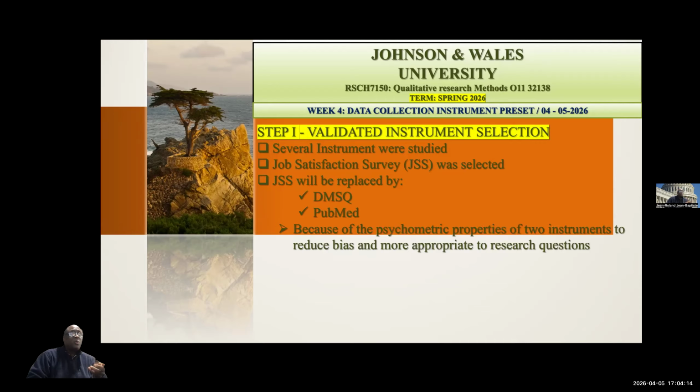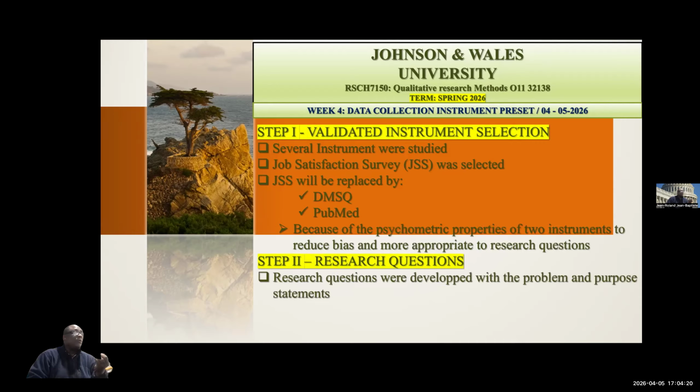Step 2 has to do with the research questions. I am going to explain the research questions, how they were developed, and the relationship between the research questions and the problem and purpose statement.